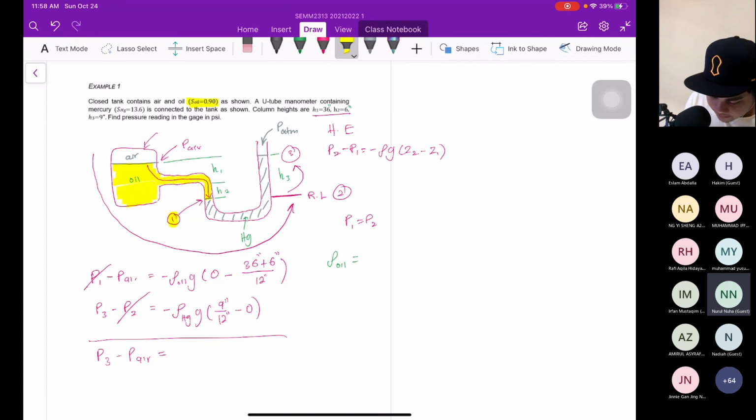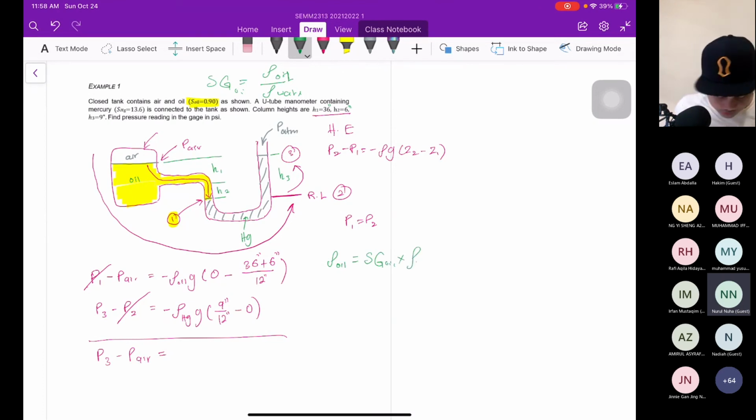Remember specific gravity? What's the formula of specific gravity? It is rho of oil divided by rho of water. So the density of oil is equal to the specific gravity of oil multiplied by rho of water.